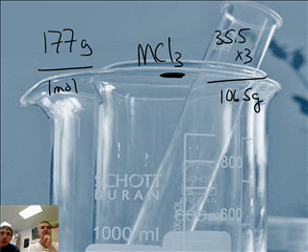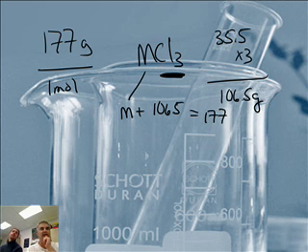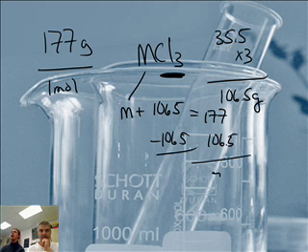So if this consists of some metal, M, plus 106.5, and that adds up to 177, well, we could subtract 106.5 from both sides. And we get 70.5. 70.5 is the molar mass, grams in 1 mole of the metal.